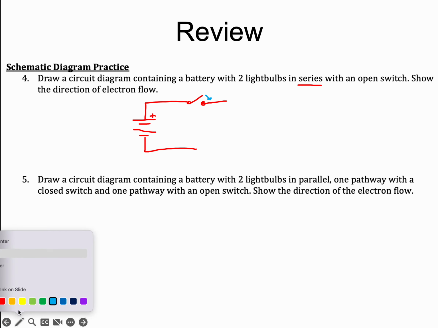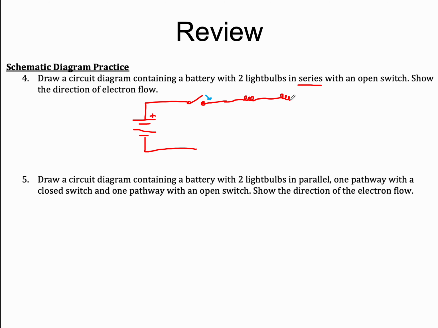So try this real quick. Draw the two light bulbs in series. So you have to remember the difference between series and parallel. Yeah, symbol for a light bulb, a couple different ways of drawing it. I'm going to draw mine this way. You'll see it in a second for those of you in class.